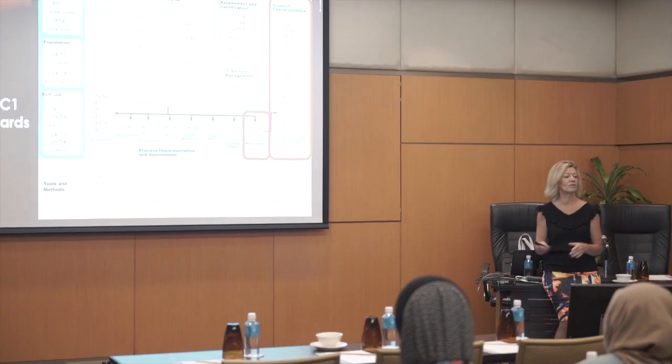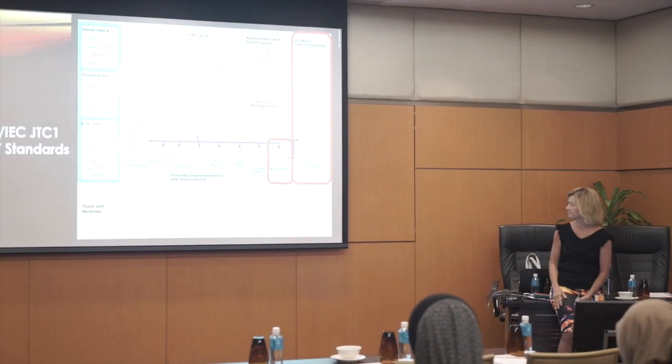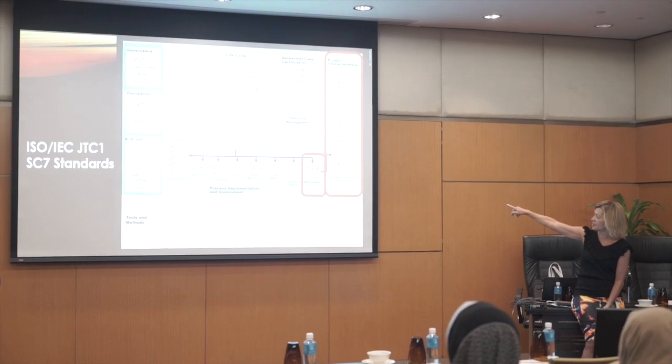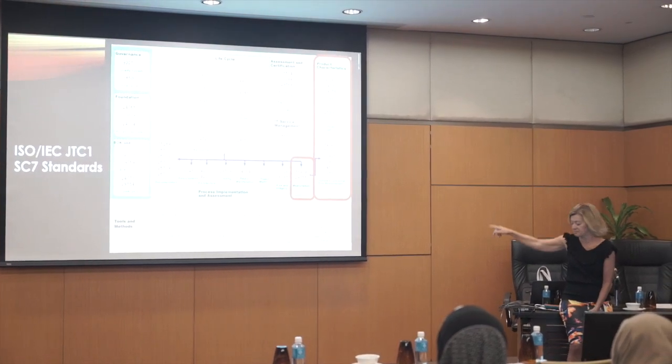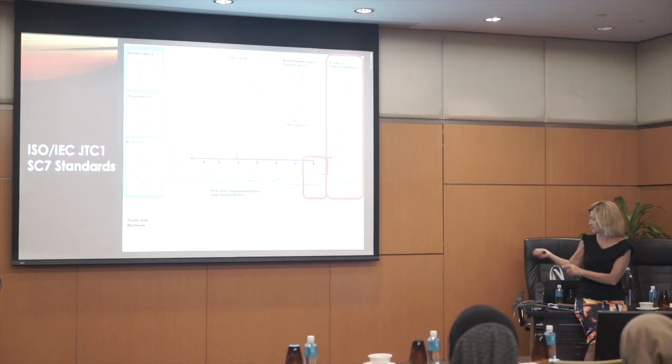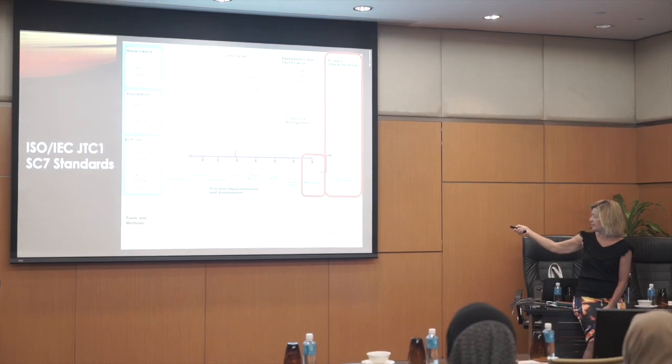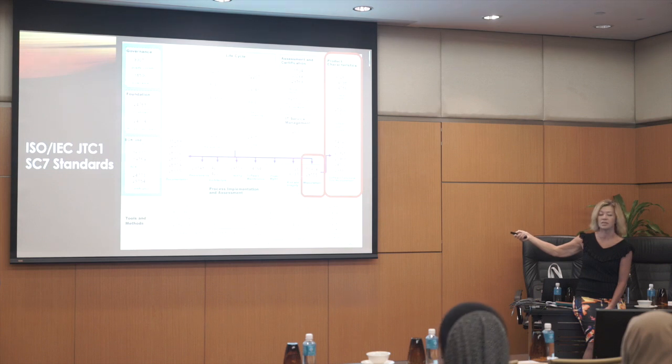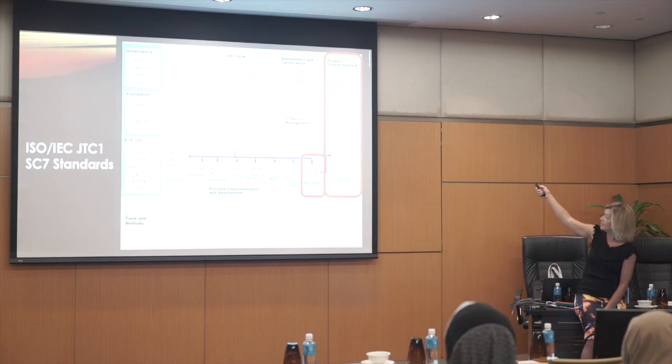In the world of ISO standards, this is only a small piece. We've got 15939, which is a measurement standard, and 29155, which is a benchmarking standard. The function point standards are right here.